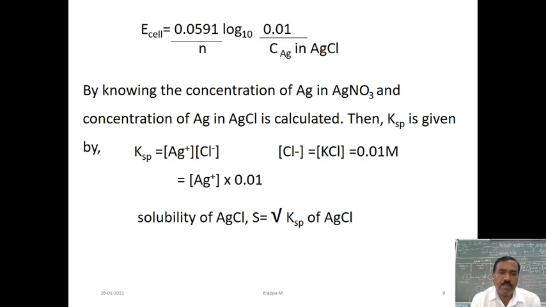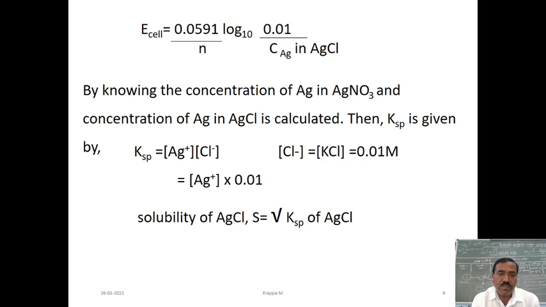You know from the above cell the concentration of Ag+, and the Cl minus ion concentration is equal to the KCl concentration, that is 0.01. So Ksp is equal to Ag+ times Cl minus. Ag+ you know the value, multiply by 0.01, that is the Cl concentration.